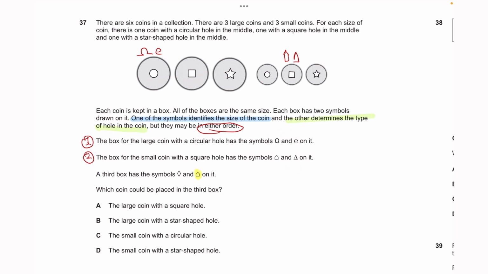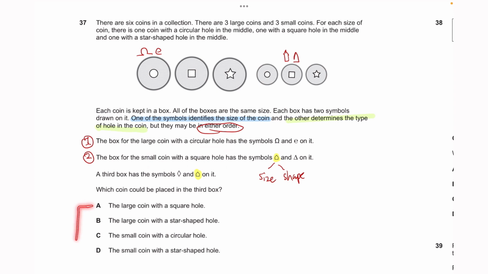We've got the pentagon and it's shown in box number 2. But we don't actually know what it stands for, because it could either stand for size or it could stand for shape. We know that this could either be for a small coin or for a square hole. We don't actually know. It could be for small or for square.